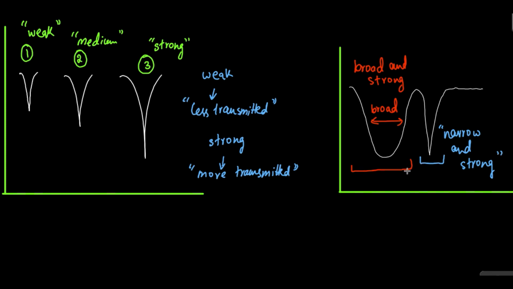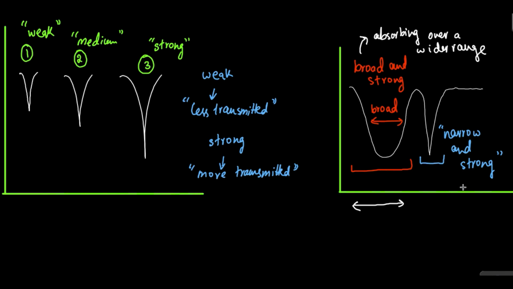Okay, so broad means, what does broad mean? Broad basically means that it is absorbing wavelengths over a wider range, right? Because you can see that the wave number is being covered a lot. Okay, so it's absorbing over a wider range.